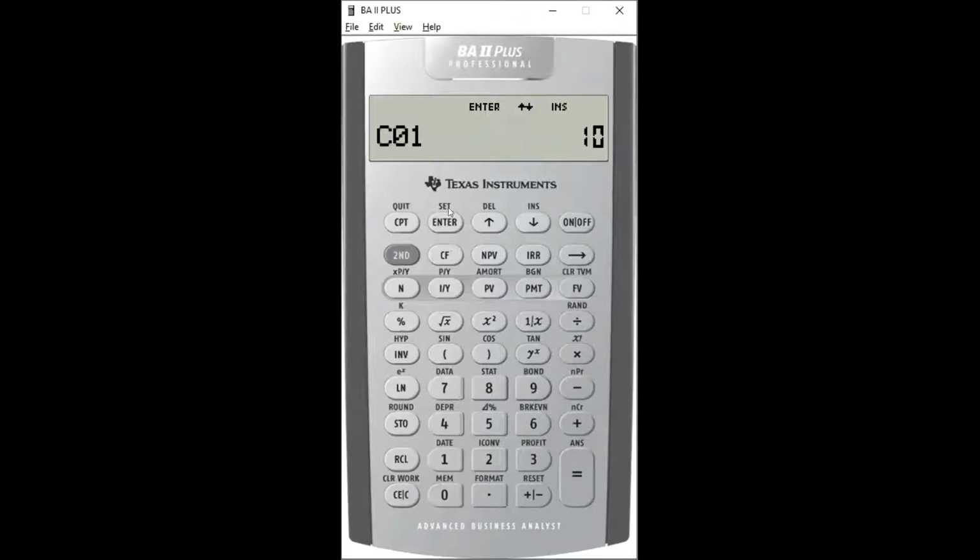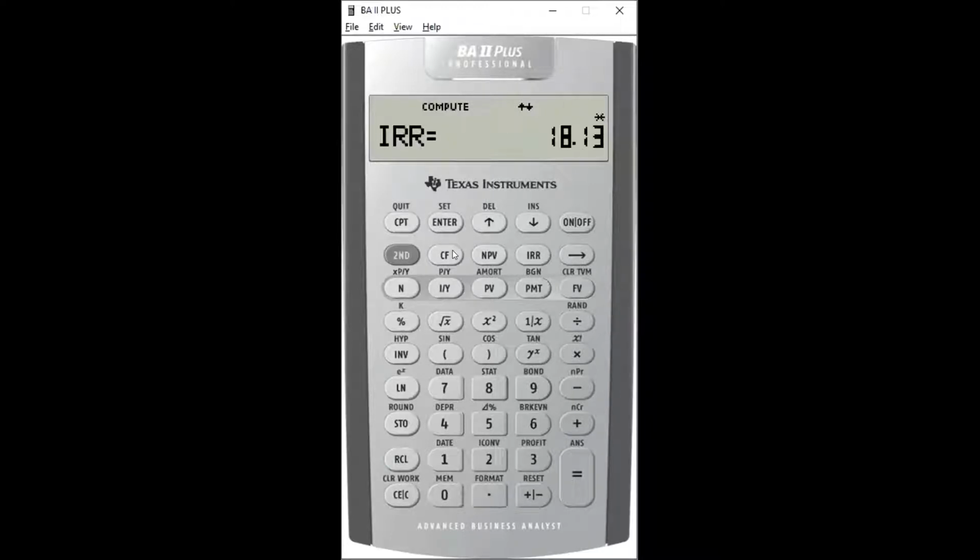At year 1, we receive $10. Year 2, we receive $60. And year 3, we receive $80. After we enter all the cash flows, we press IRR and compute. So the IRR of project L is 18.13.